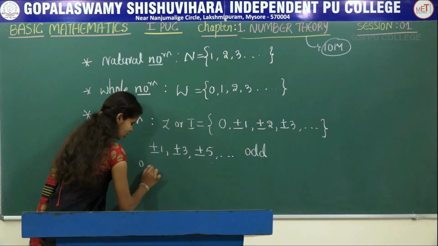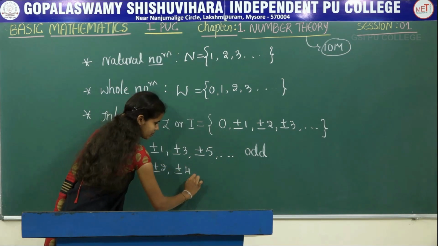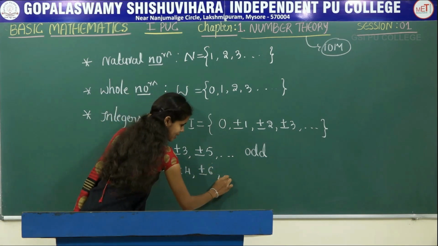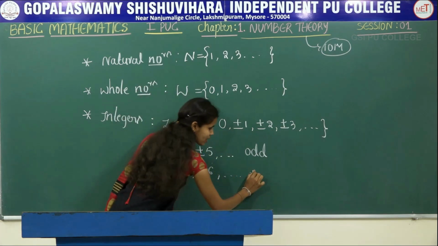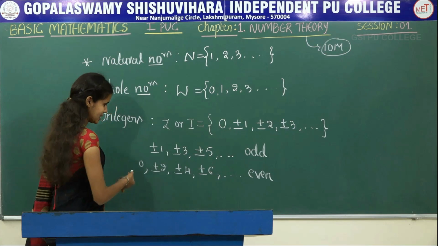Next, 0, plus or minus 2, plus or minus 4, plus or minus 6, etc. are called even integers.